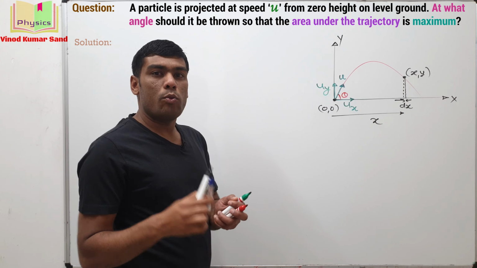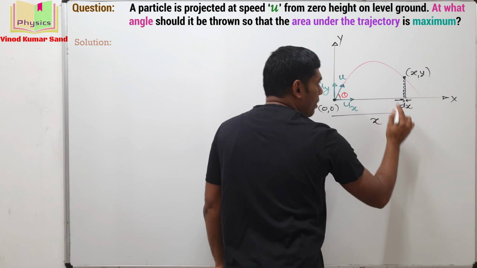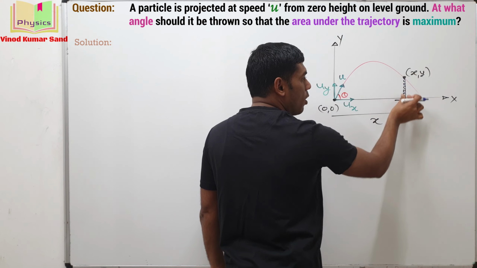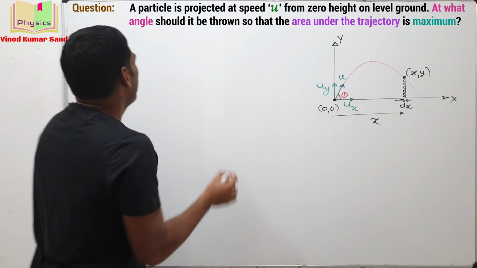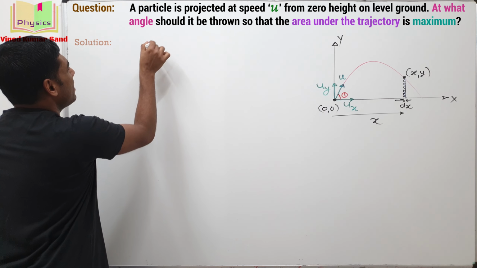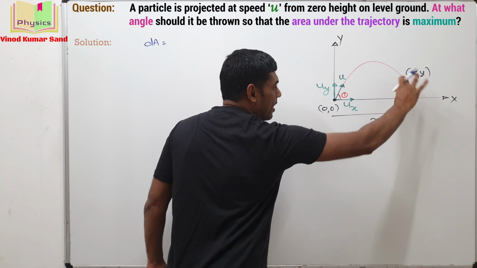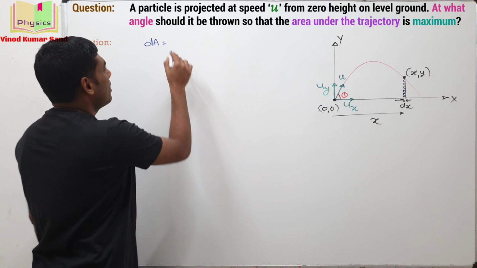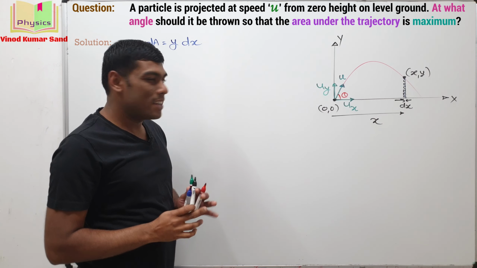Here we have a very small rectangle. Look at this rectangle. Can you tell me the area of this small rectangle? Yes, it's simple. Its area, dA, will be written as what? Width is dx and height is y. So dA = y dx. I hope you agree with it.